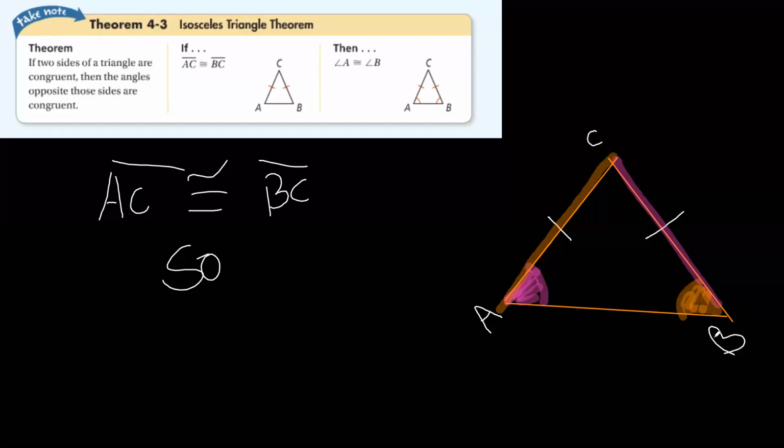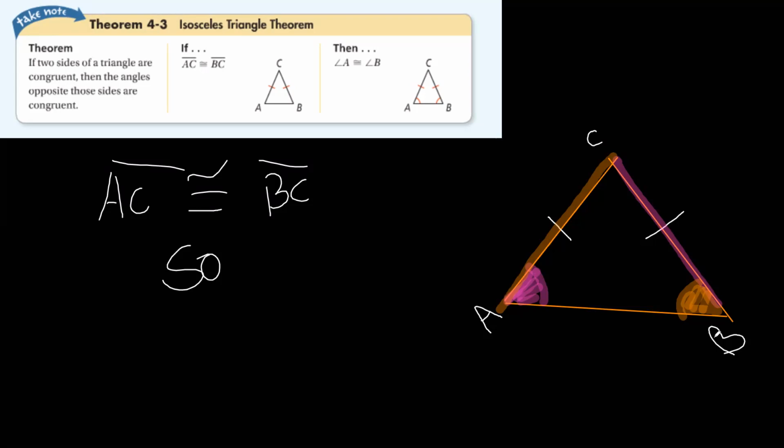Now, since AC is congruent with BC, because of that, angle A is congruent with angle B. So the theorem states if two sides of a triangle are congruent, then the angles opposite to the sides, I mean the pink, which is opposite to BC, and the orange, which is opposite to AC, are congruent.